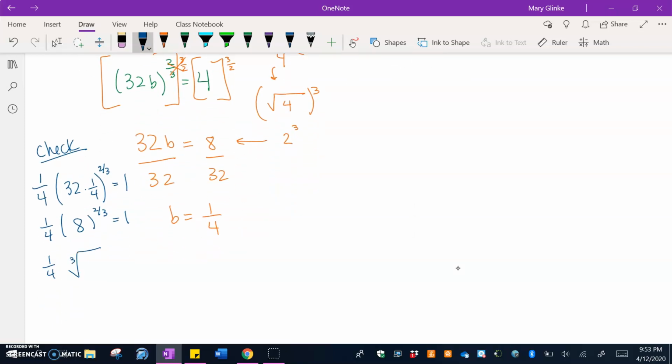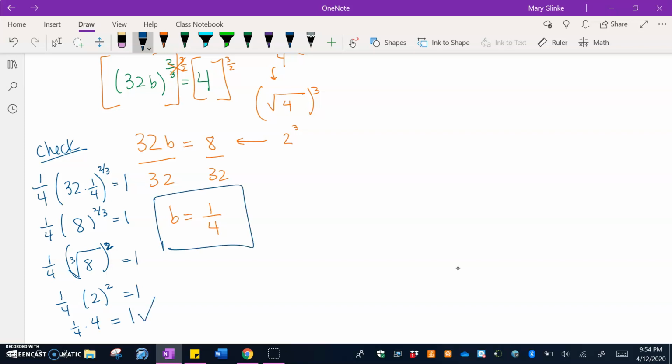And I'm going to rewrite 8 to the 2/3 as the cubed root of 8 squared. The cubed root of 8 is 2, and then 2 squared is 4. So 1/4 times 4 equals 1. That checks out, which means b equals 1/4 is my final answer.